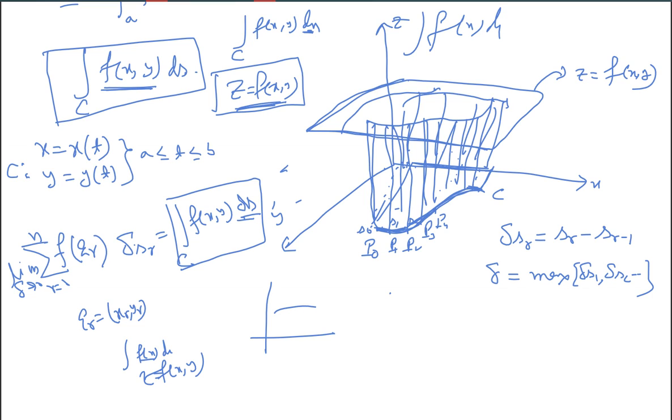But here the integrand is the surface f of x, y or f of x, y, z. When you project this in vector analysis, you can generalize this as F dot dr, like this vector. We'll do that part later on.